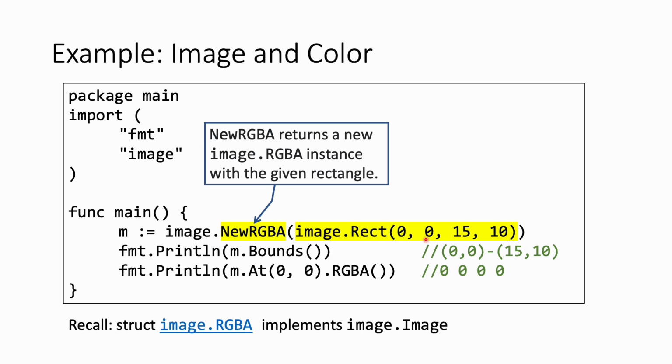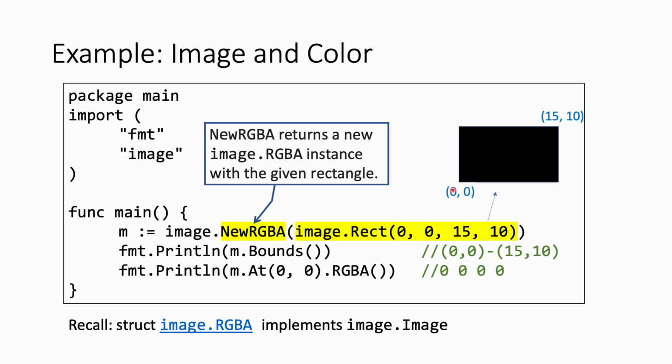In this example code, the given rectangle is created by function image.Rect with arguments 0, 0, 15, 10. It is the rectangle with lower left corner at location 0, 0 and the upper right corner at location 15, 10.